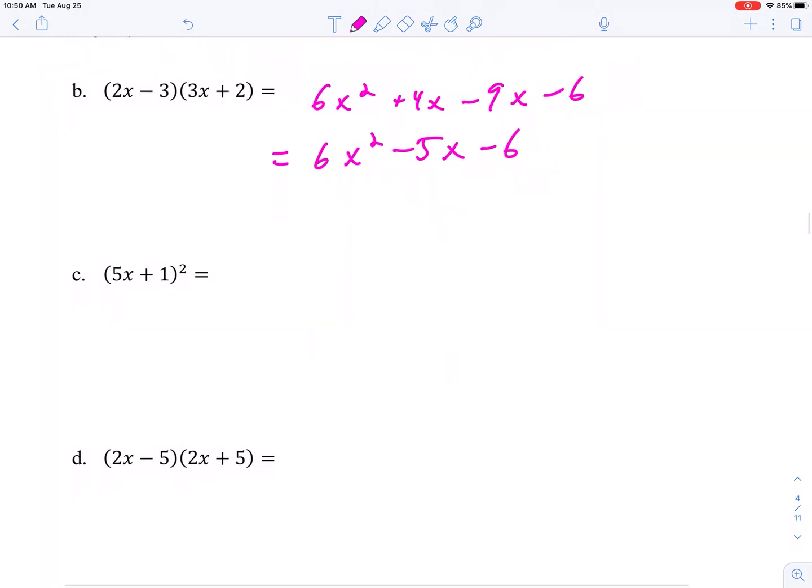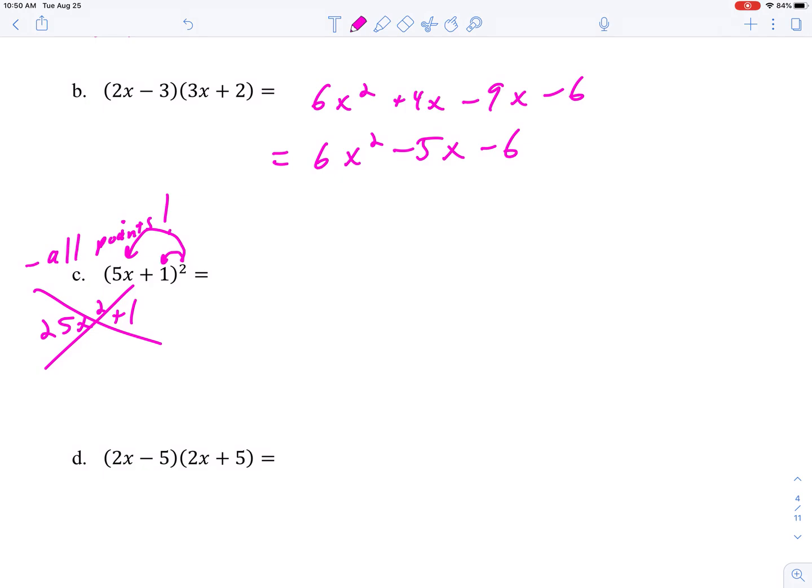Alright, next one, part C. So this one says 5x plus 1 inside parentheses squared. Be careful. This is a very, very common mistake. What some people will do is they'll square the 1 and square the 5x and say, oh, the answer is 25x squared plus 1, and then the teacher does that and says minus all points, right?